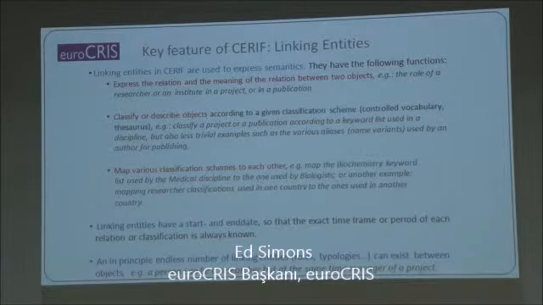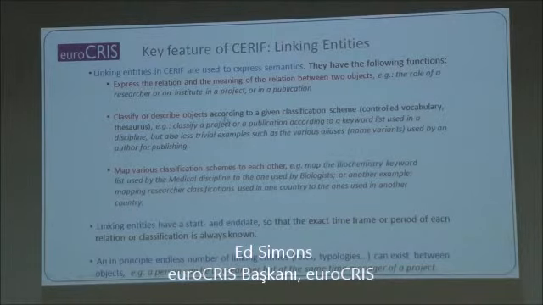Linking entities in CERIF are basically used to express semantics, and they have the following functions. First of all, to express the relation and the meaning of the relation between two objects, for instance, the role of a researcher or an institute in a project or in a publication.